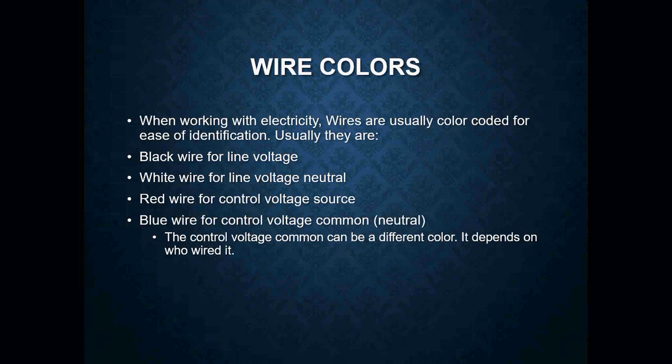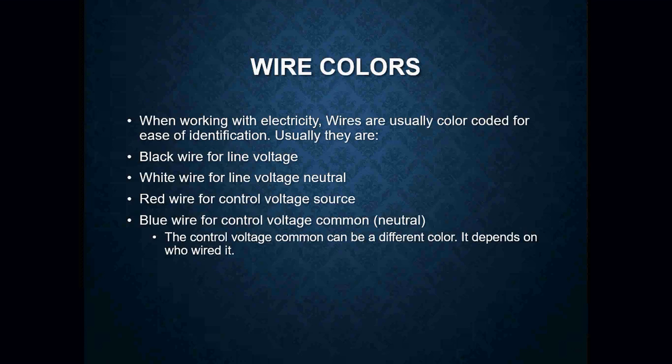When it comes to wire colors, in HVAC we like to try to keep things somewhat simple. When we're working with electricity, wires are usually color-coded in some way for ease of identification. When we are looking at wiring diagrams and wiring, our black wire signifies our line voltage. White is going to be our line voltage neutral.